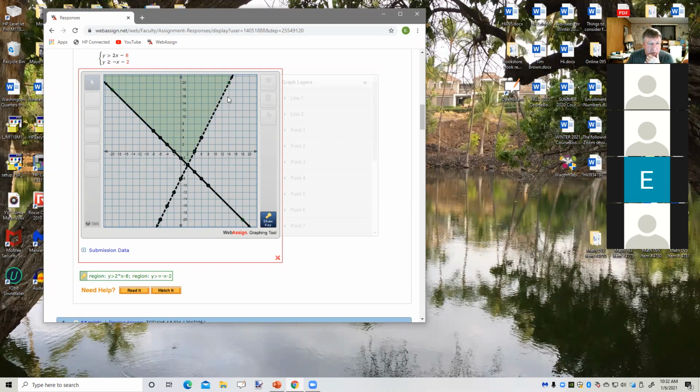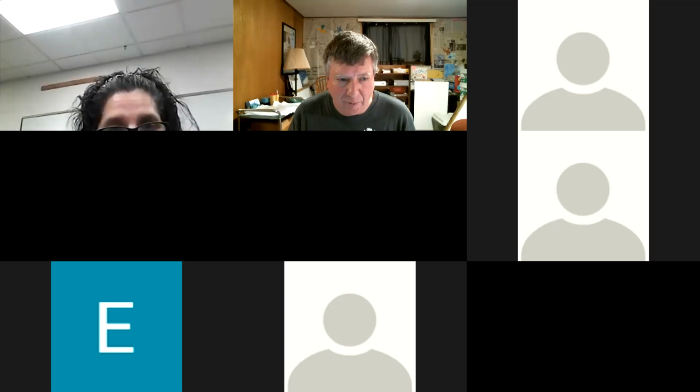And this line is supposed to be dashed. And when you put a bunch of dots on the line using the wrong button, it tends to reject things. So even though you as a student may be doing the problem correctly, WebAssign is very picky on what it will accept. And so what I want to do now is look at how we would go through and do several problems the way that's necessary to do it in WebAssign.